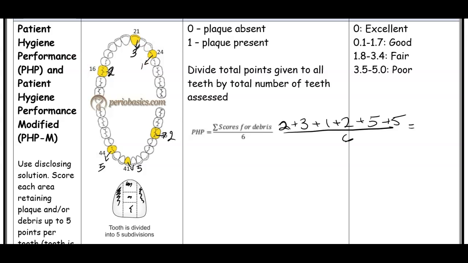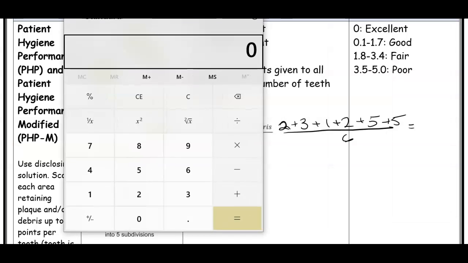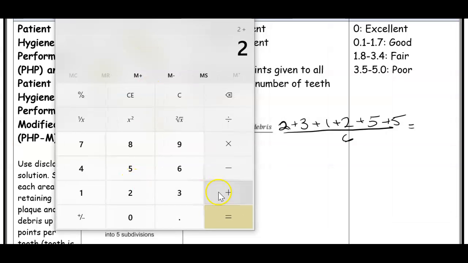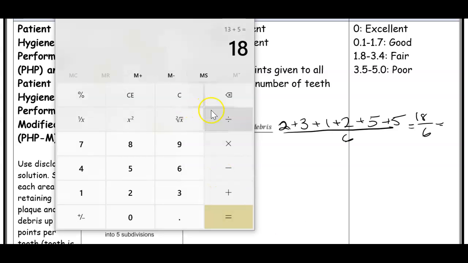Let's pull up the calculator so we can see: 2 plus 3 plus 1 plus 2 plus 5 plus 5 equals 18. So 18 divided by 6, and you'll see you get 3.